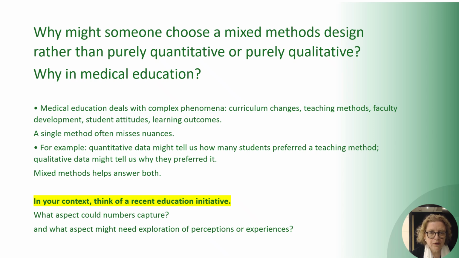So it might be useful for you to think of a recent initiative you've had in your organization and how numbers could help, but how numbers alone are not sufficient, and how exploring perceptions of experiences can actually enhance the numbers.